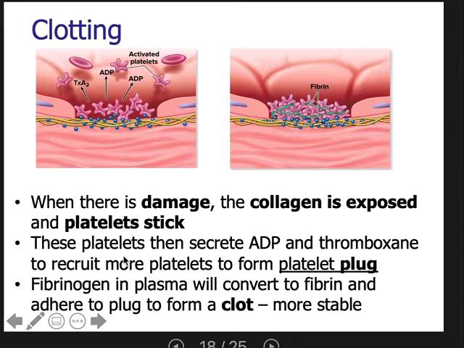These platelets become activated and secrete ADP and thromboxane. Thromboxane, which is TXA2 right there, is going to recruit more platelets, and that's going to lead to this platelet plug. This is not very strong.